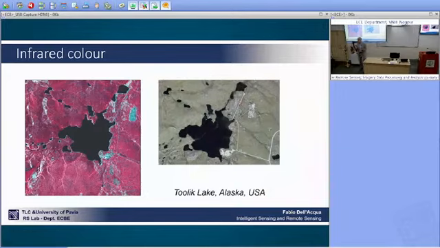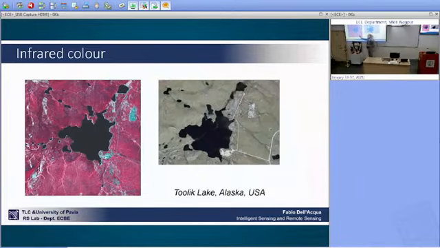In these cases, you can leverage the features of remotely sensed data to get a better view of what you're interested in. Like in this case, when you have sparse, shallow, not so clearly visible vegetation in a so-called natural color image, where you try to imitate what a human eye would see, you can make it much more visible if you don't represent the greenness of the vegetation, but the infrared contribution from vegetation.